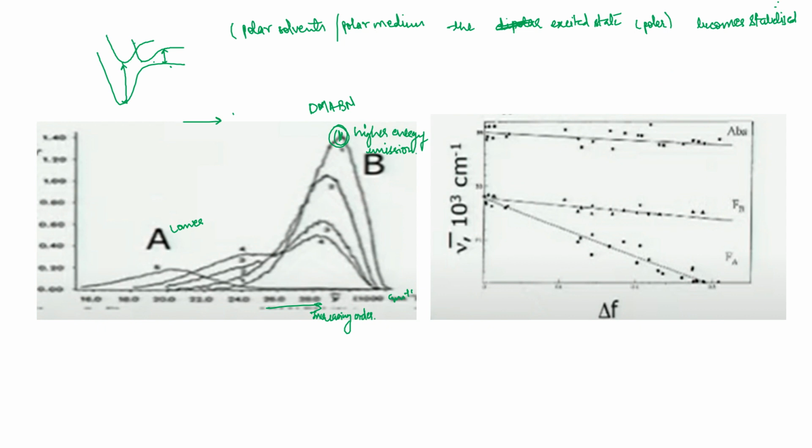The more polar the medium will be, the more stabilized the excited state will be, and because of this stabilization, the emission will shift to a lower frequency or wave number.